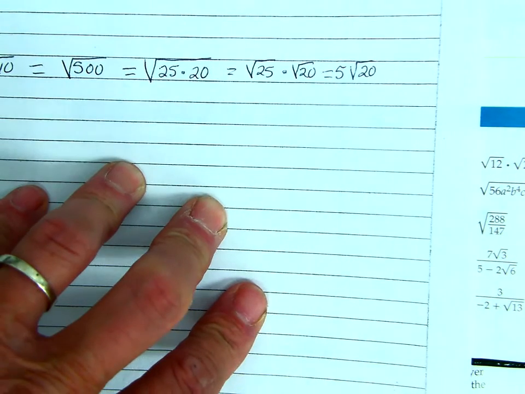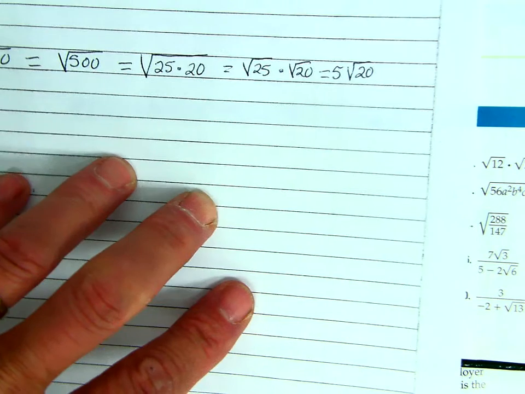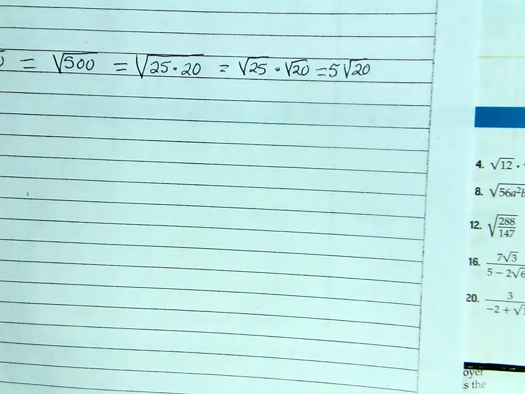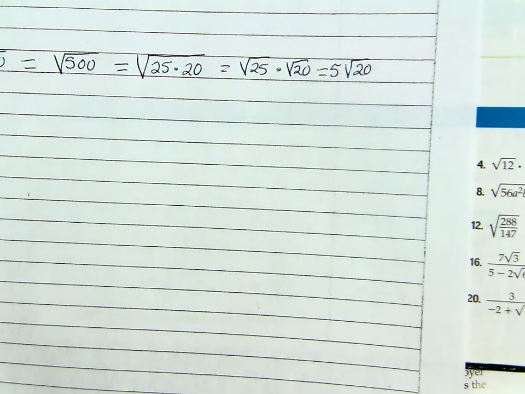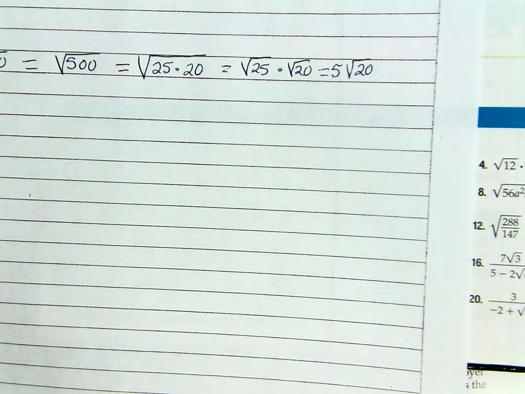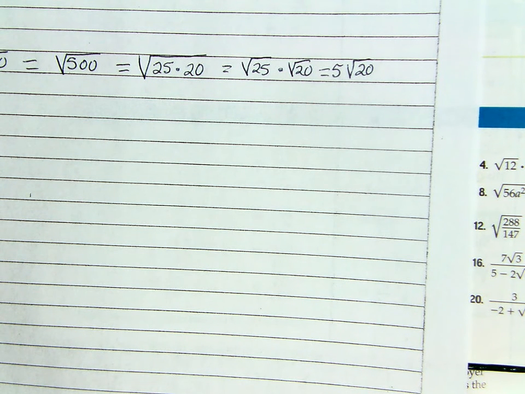That's not the final answer. Now I need to think about this number 20. What can you multiply together to get 20? 4 and 5, or 2 and 10. I like 4 and 5 because one of those is a perfect square. And the square root of 4 is 2.